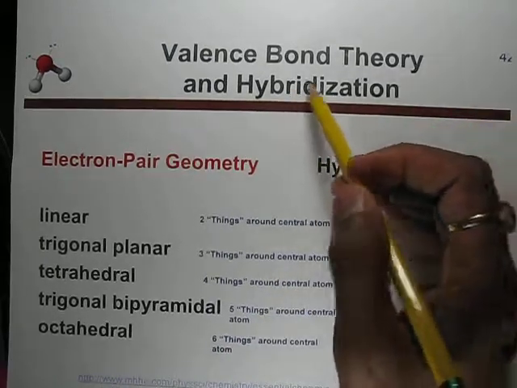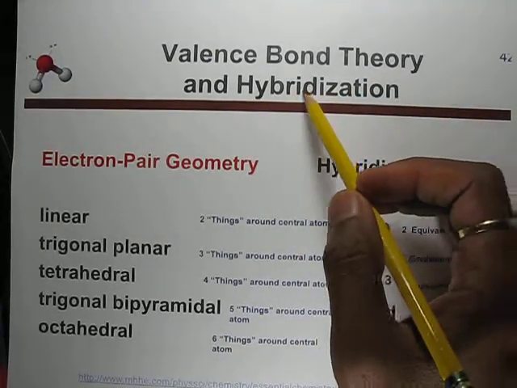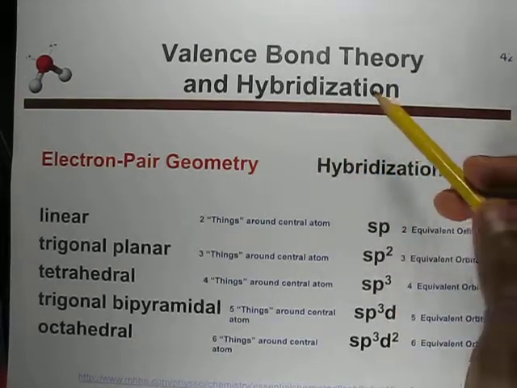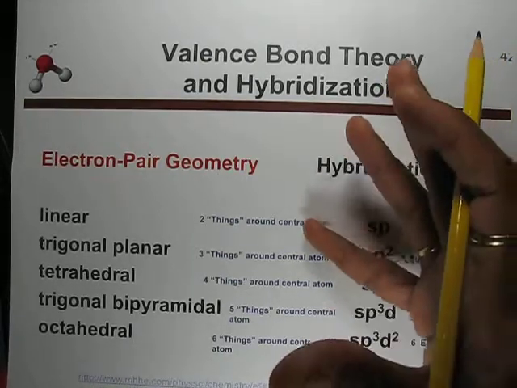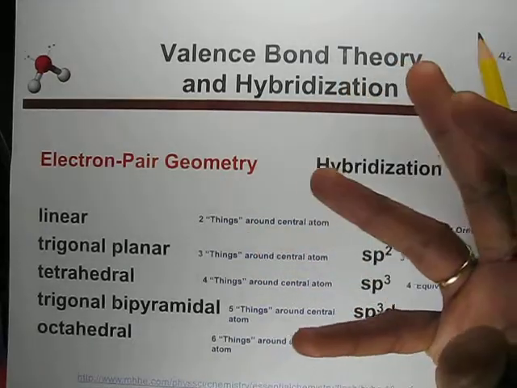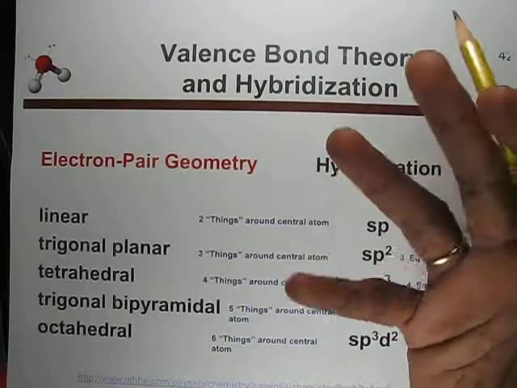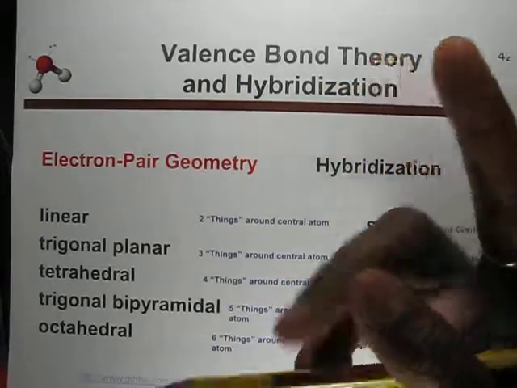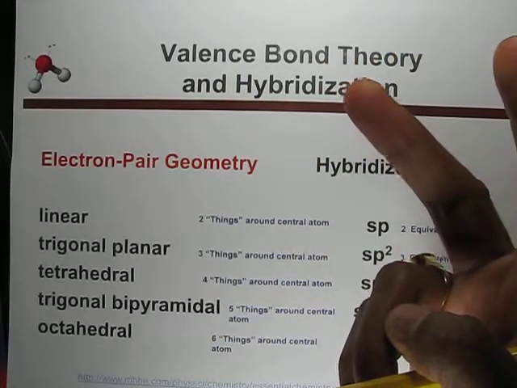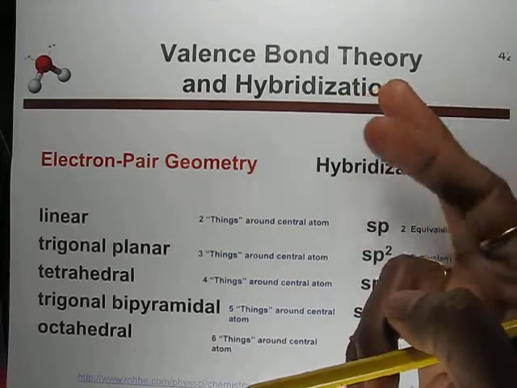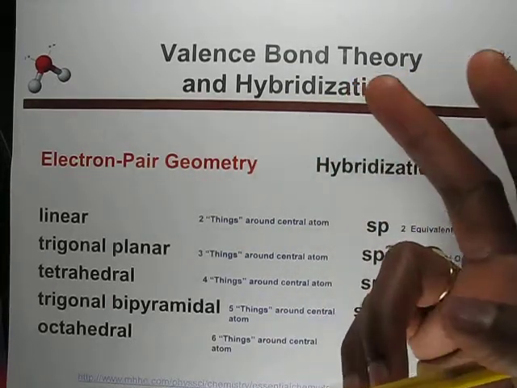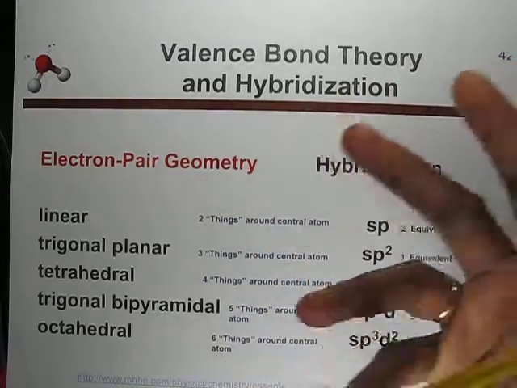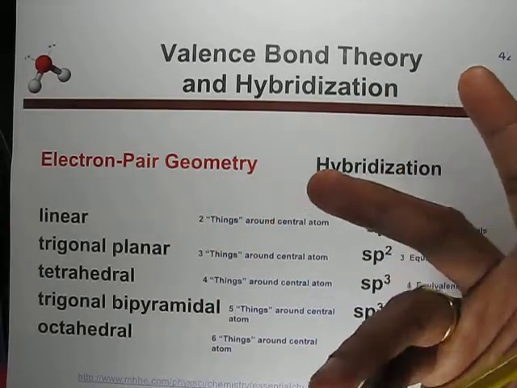Valence bond theory and hybridization. Here a new term comes in: hybridization. Hybridization means that when two or more different orbitals overlap, they form orbitals of the same, equal energy.